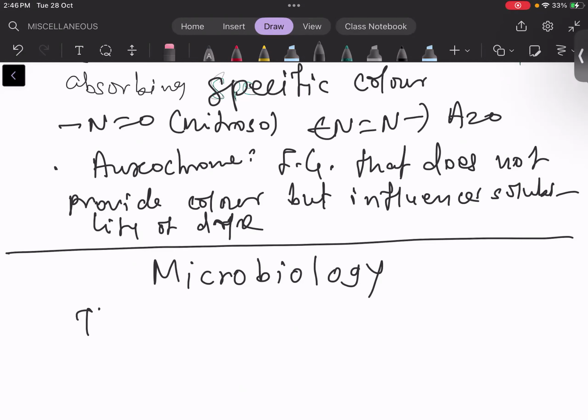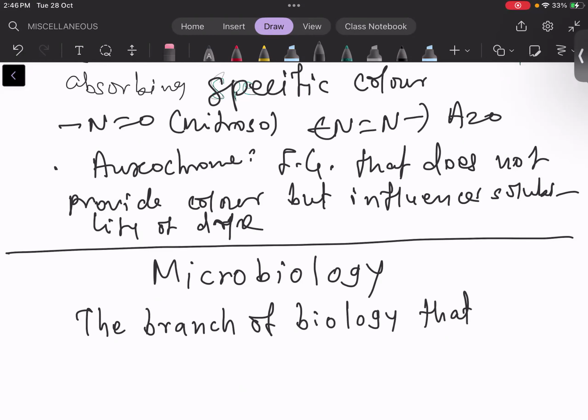The branch of biology that deals with the study of microbes.